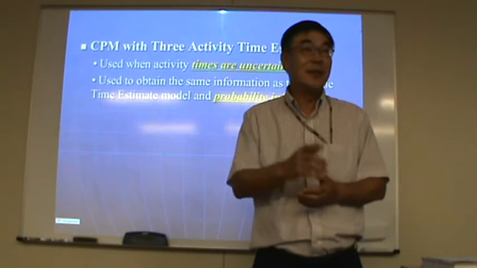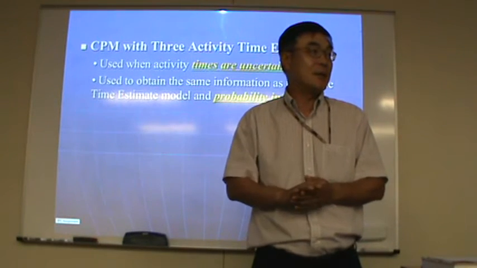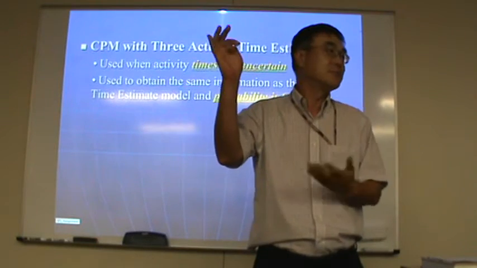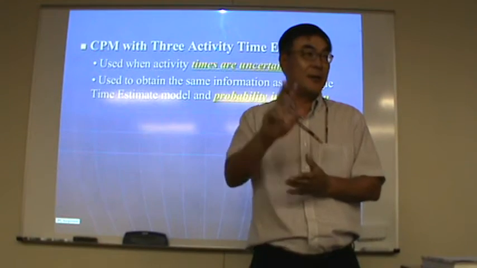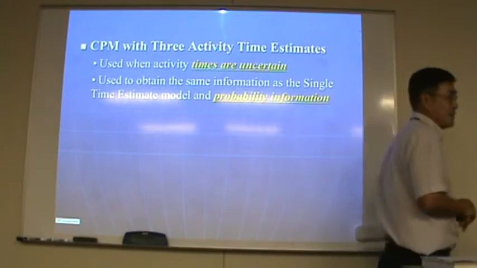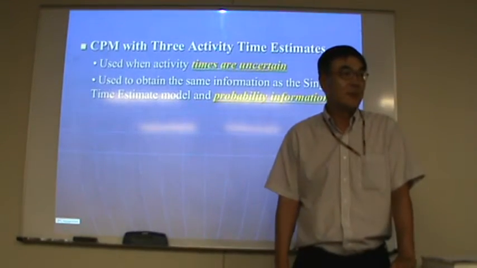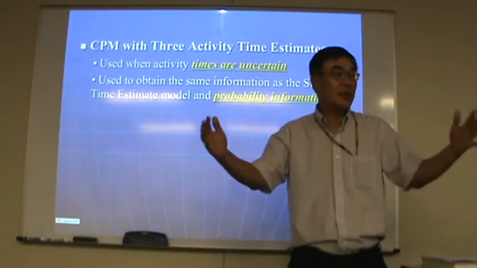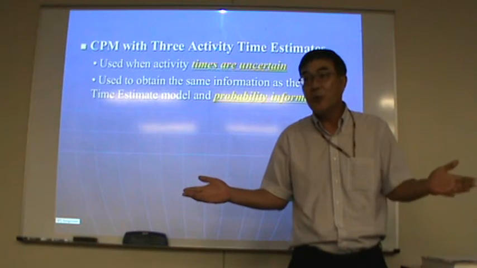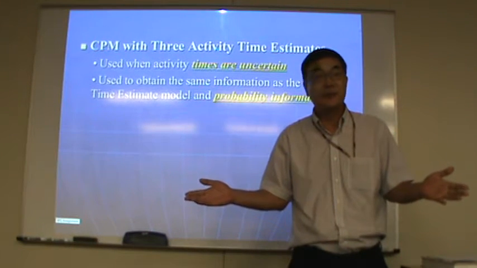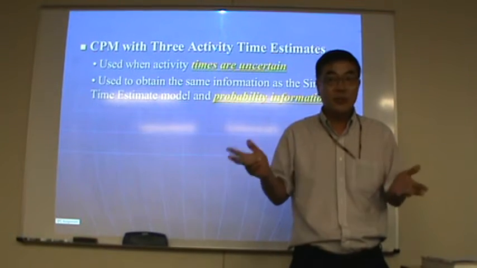There are 3 activity times: optimistic time, average time, and pessimistic time. Times are uncertain. The time period for this class is certain, but you don't know when it finishes, right? So there are 3 possible times, uncertain.